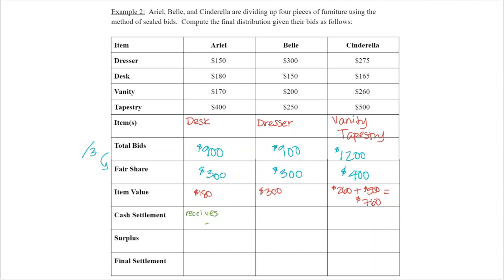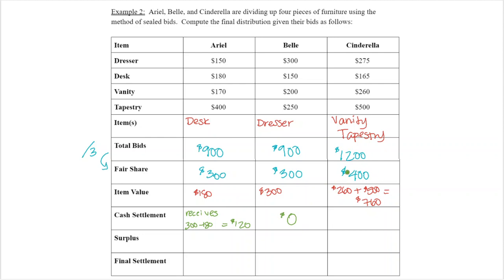So she is going to receive, let me write this out, 300 minus 180, she is going to get $120. Belle, her fair share is 300. The item that she got is 300. So she's good.